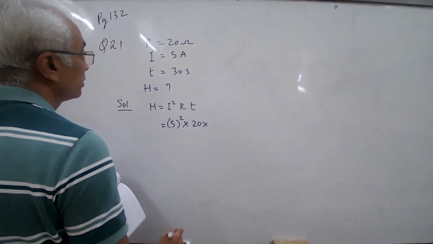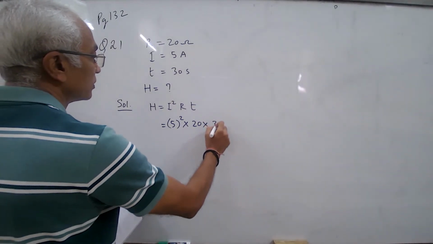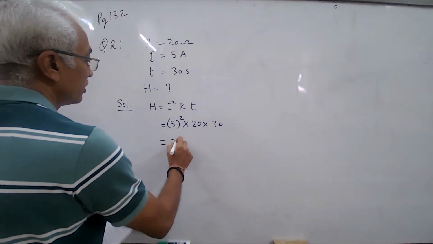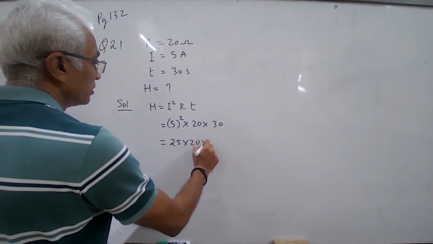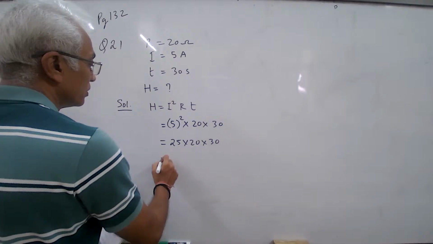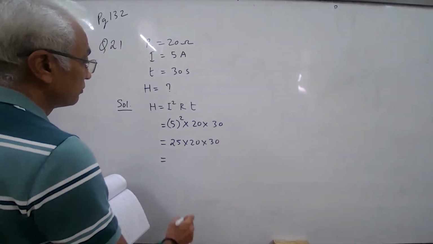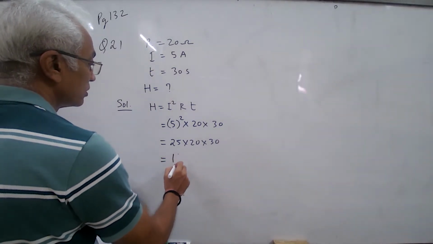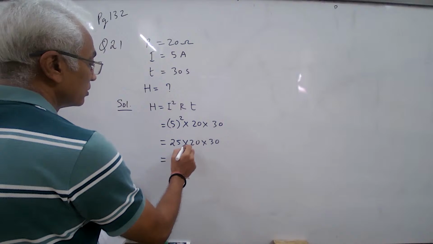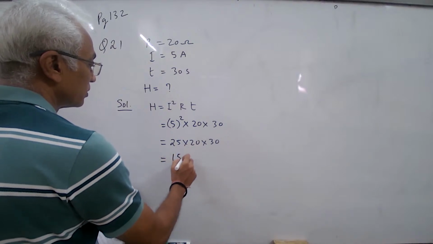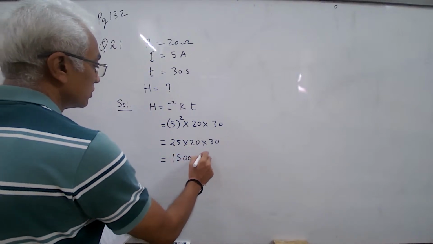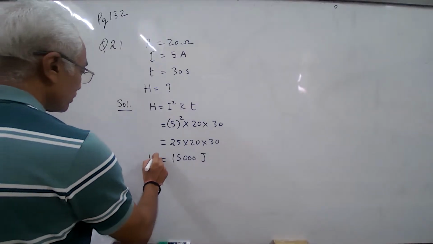R is 25 and 30. How much is this? 25 into 20. 15,000. So this is what it is.